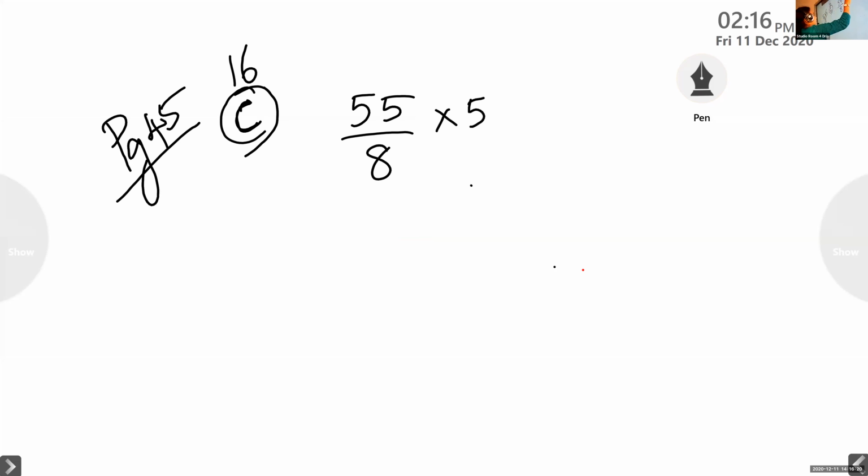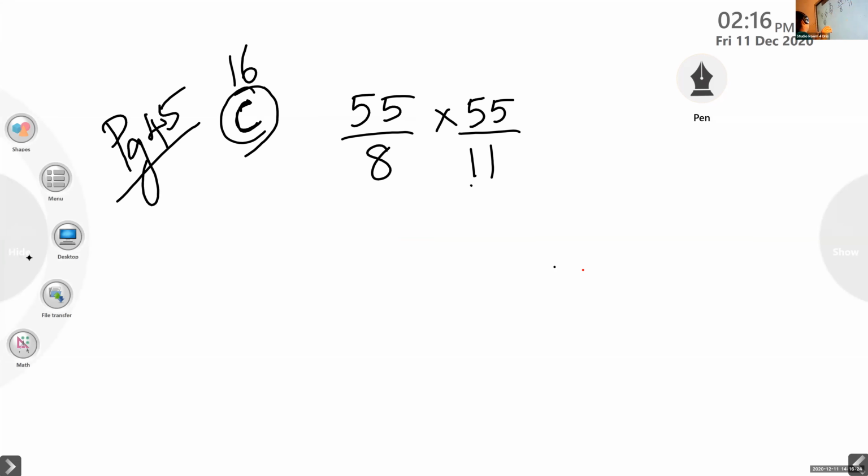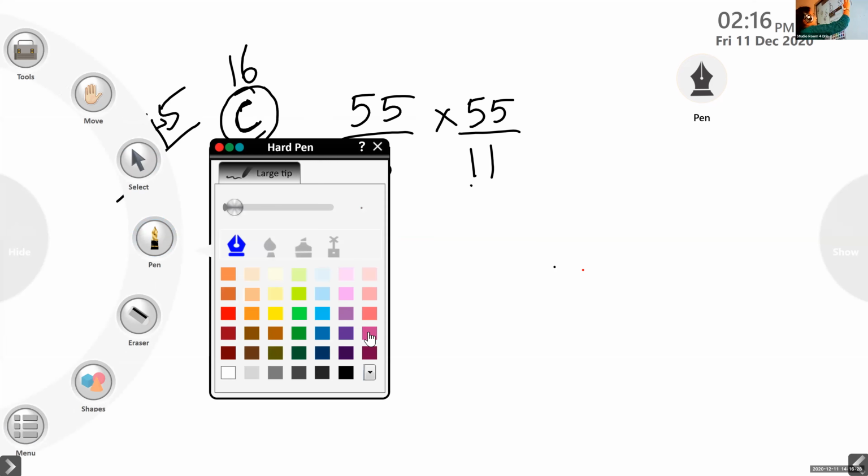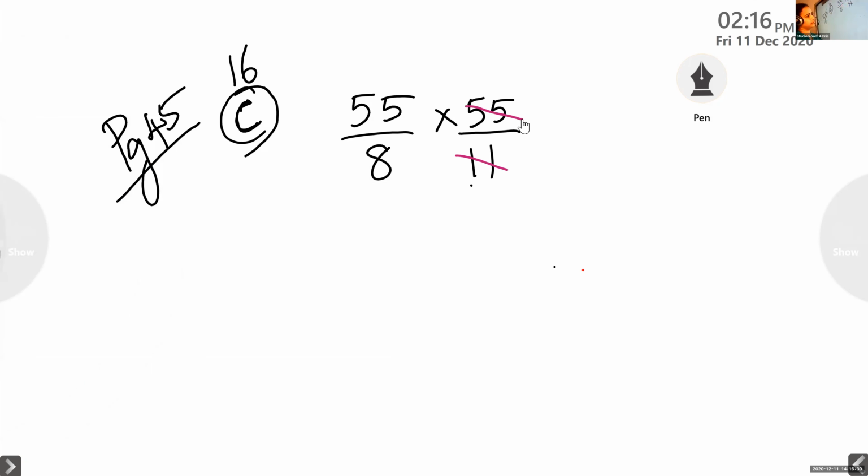Children, please pay attention. Either you can cut like this, so here it will be 5, here it will be 1. Again, how can you take 11 and 55 again? It is already cut and it became 1.